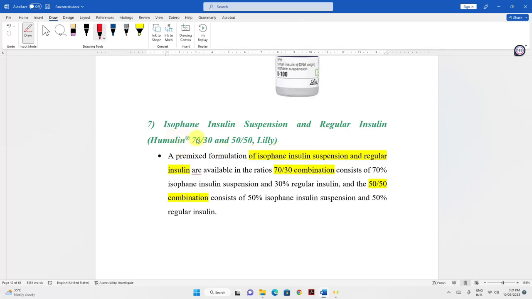For example, from the company Lilly, you have isophane insulin suspension pre-mixed with regular insulin 70 to 30. Always the largest portion will be the basal insulin, which is either the intermediate or the long acting insulin. This mixture is available as 70-30 or it might be 50-50. The physician will tell you which one to take according to your condition.